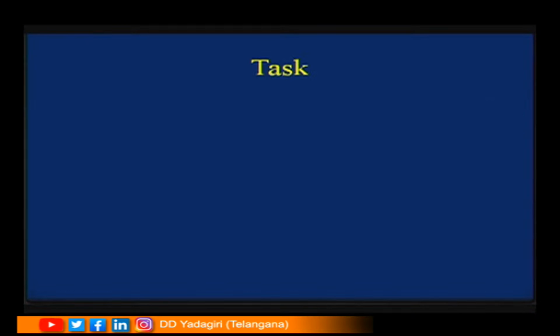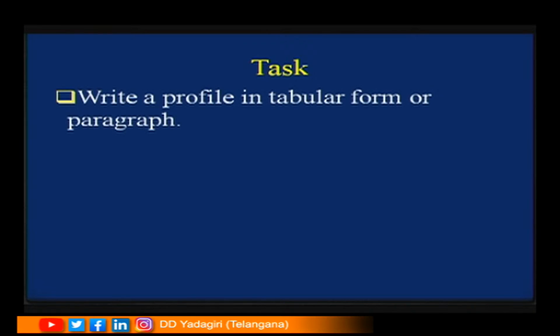Now, children, you came to know how to write a profile in tabular form and in a paragraph form. After the class, you should try to write your own profile. So, this is the task I wish to give you. Write a profile in tabular form or paragraph form.